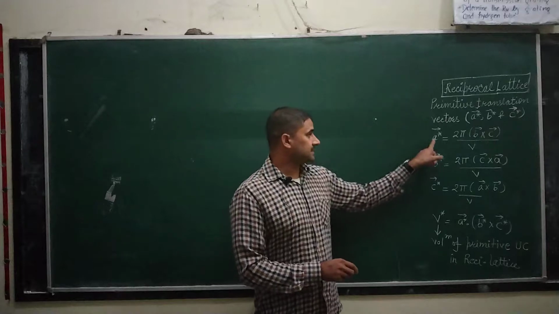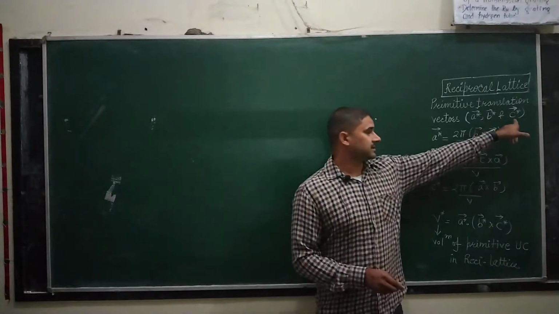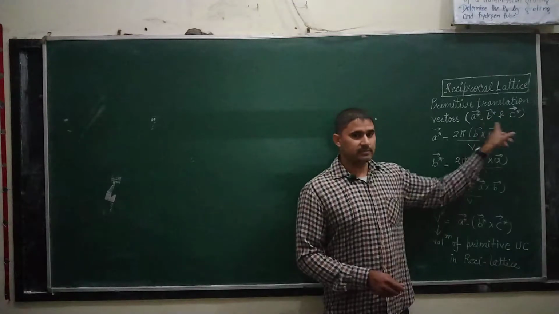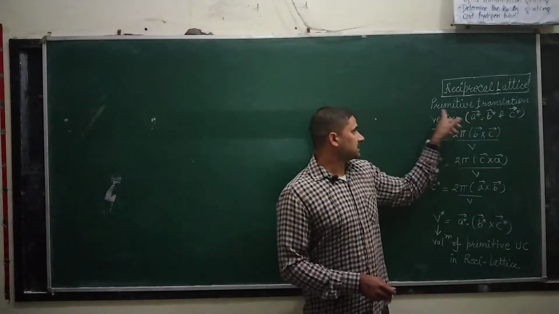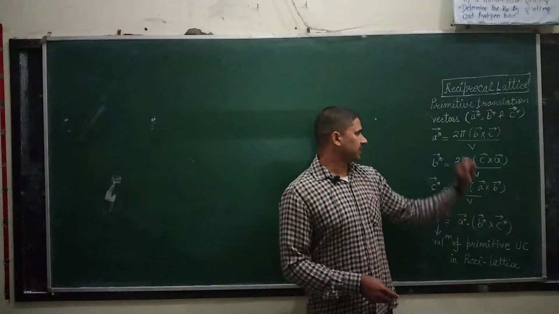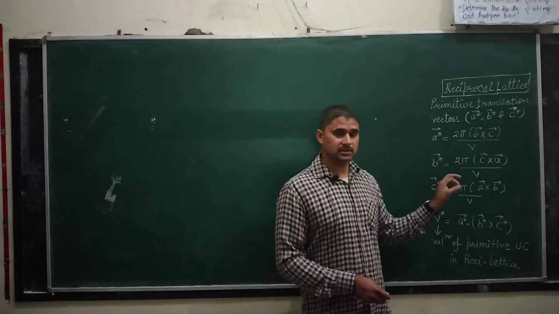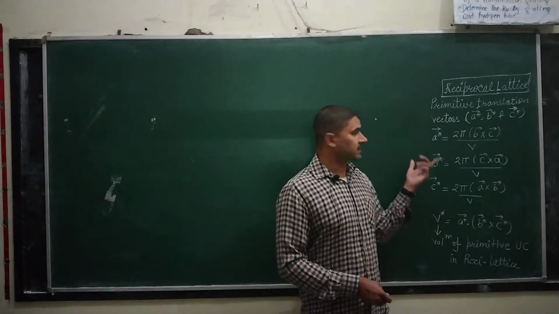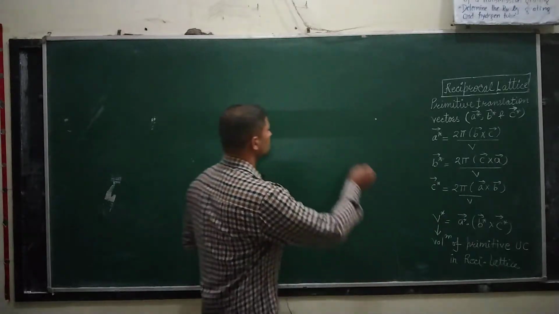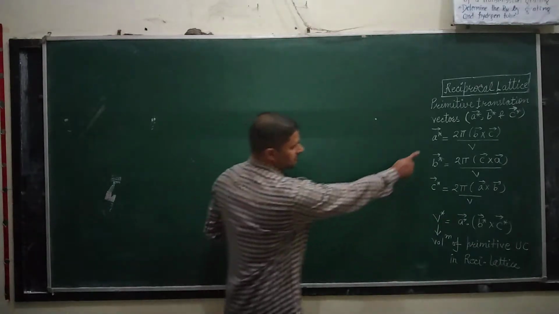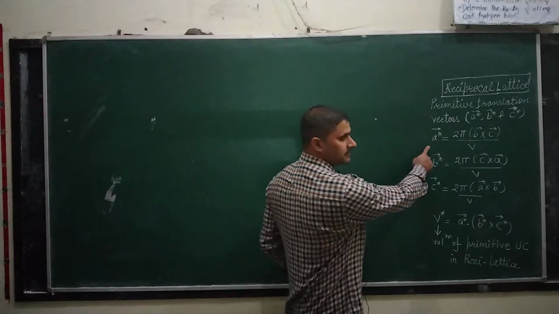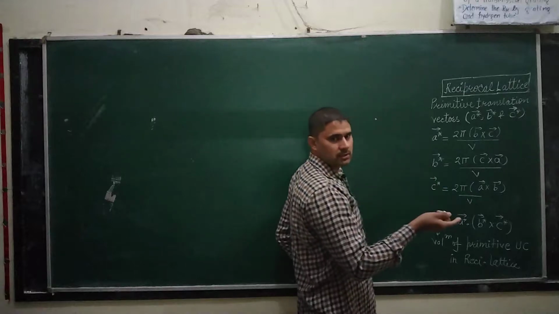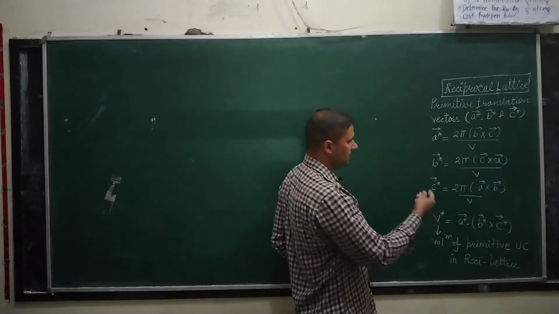A star, B star and C star are the primitive translation vectors in the reciprocal lattice, and simple A, B, C are the primitive translation vectors in the direct lattice. Here is the relation which connects the translation vectors in reciprocal lattice and direct lattice.